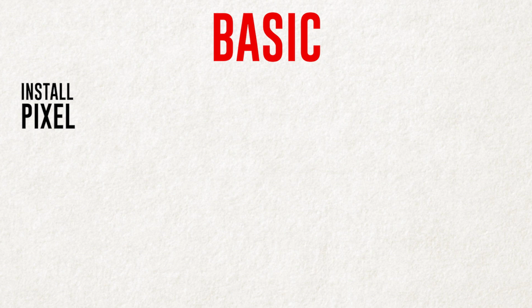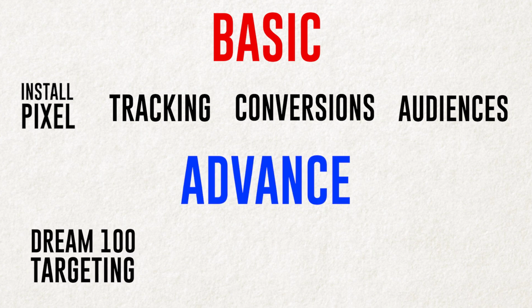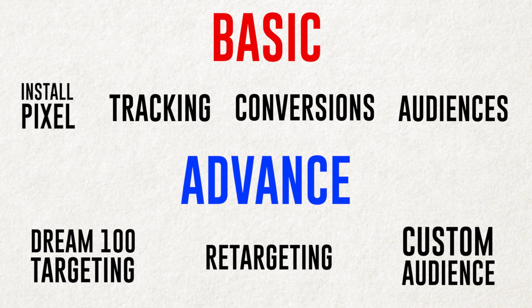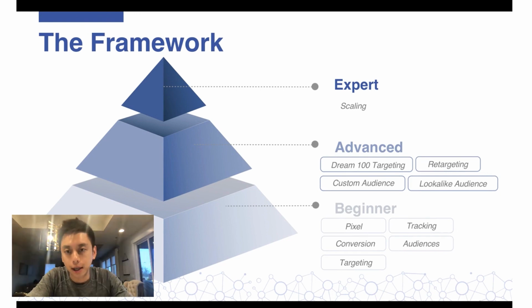Pixels installed, you're tracking them, you're understanding conversions, you're understanding audiences, and then you move on to advanced by crafting specific messages for the people in your Dream 100 to your offers. You're retargeting them based on your sales process to move them to the next step. You're creating a custom audience as well as lookalike audiences based on whether they're a buyer, lead, or website visitor. And then after that, finally, the last piece is scaling.